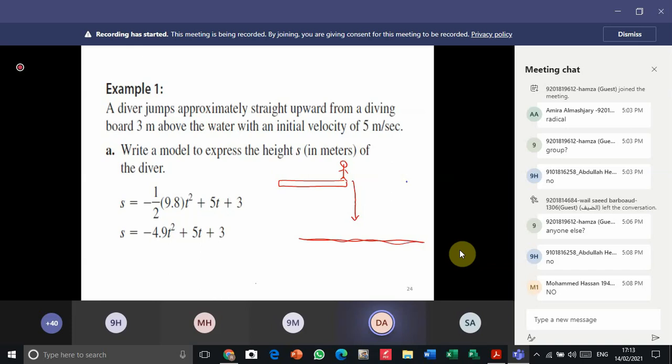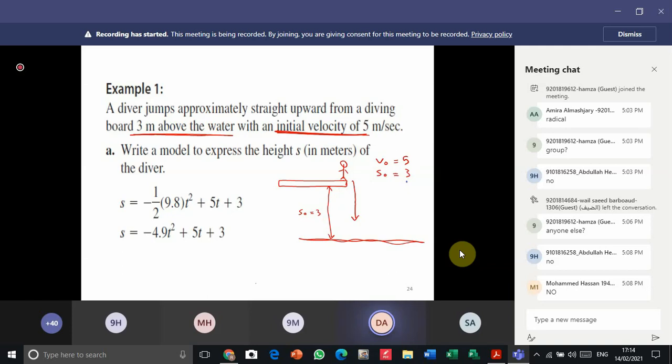The initial velocity v naught equals 5, and the diving board is 3 meters above the water. So the distance between the diver and the water, this is s naught, which equals 3.